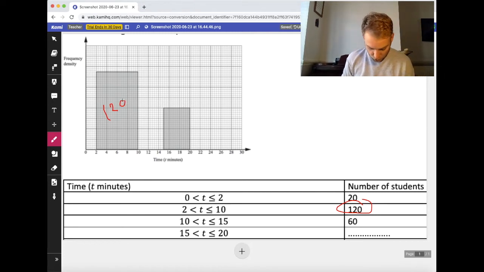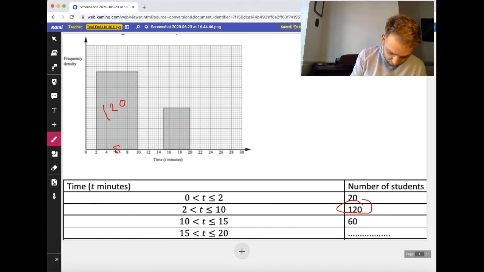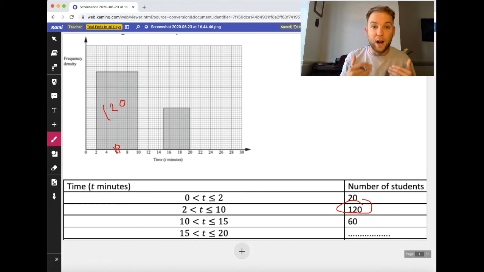Super. So the next thing I need to consider is the fact that the width is between 2 and 10. So the width of this is 8. Brilliant. So remember, I'm trying to find out the frequency density of this, the left-hand axis. And I can do that by working out what the height of this is.